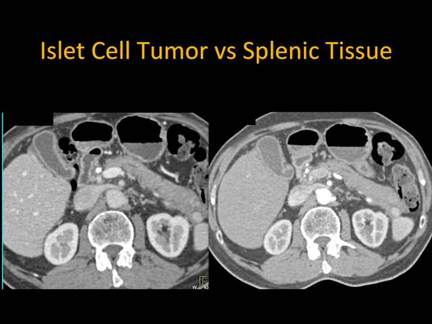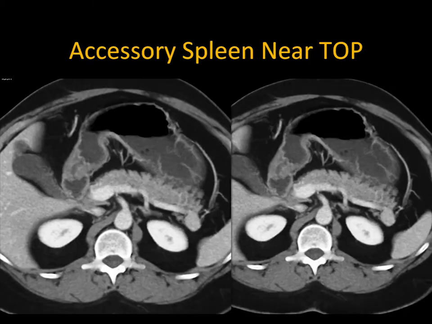So here's a good example. There's a lesion in the tail of the pancreas. What is it? It's vascular, it could be a neuroendocrine tumor. But on the arterial phase, it enhances just like the spleen, right? Another example, here's a lesion off the tail of the pancreas, but maybe it's coming from the tail of the pancreas. But you can see it's denser, but it's not as bright as a typical neuroendocrine tumor.